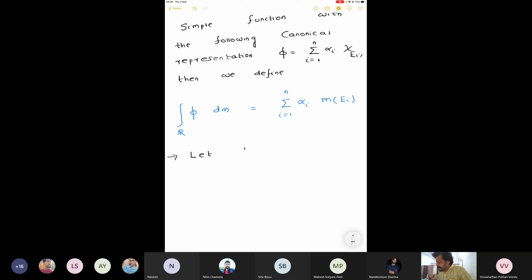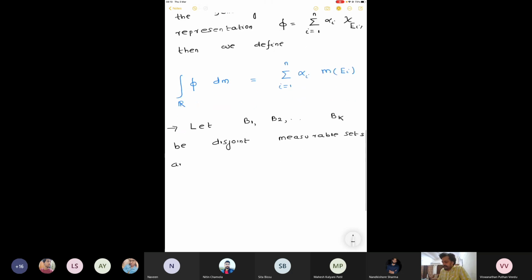Let B1, B2, etc., Bk be disjoint measurable sets and beta 1, beta 2, etc., beta k be non-negative real numbers.